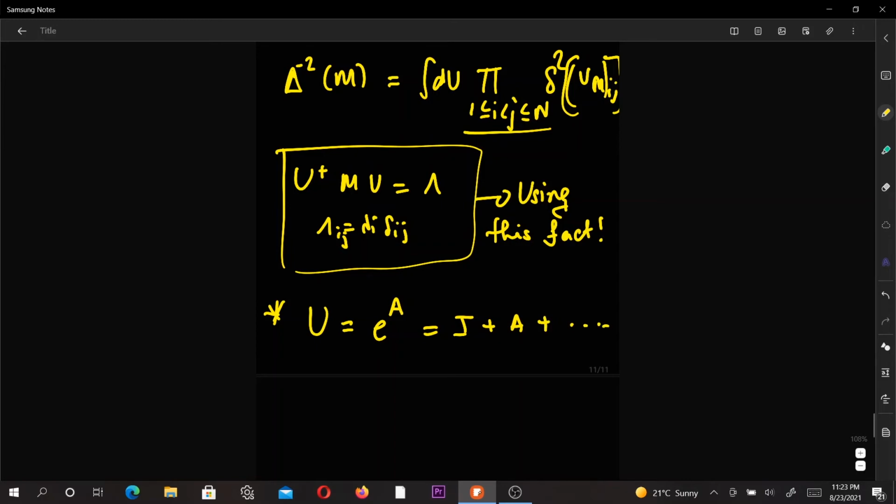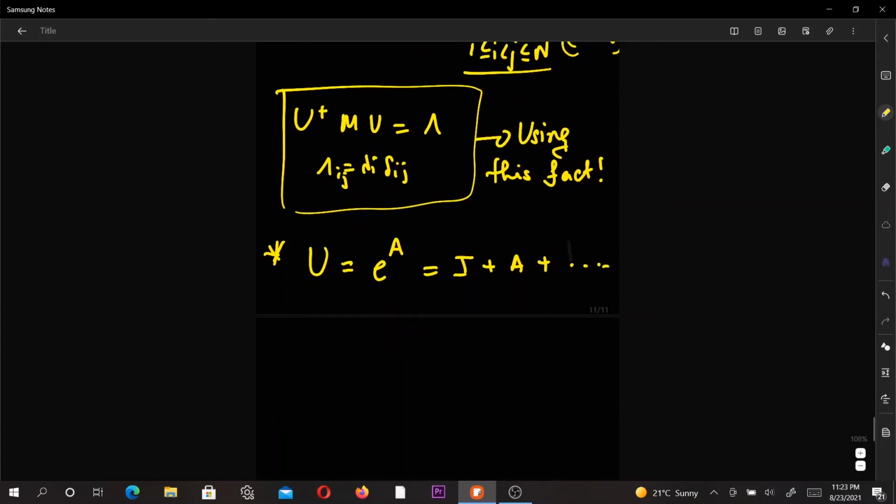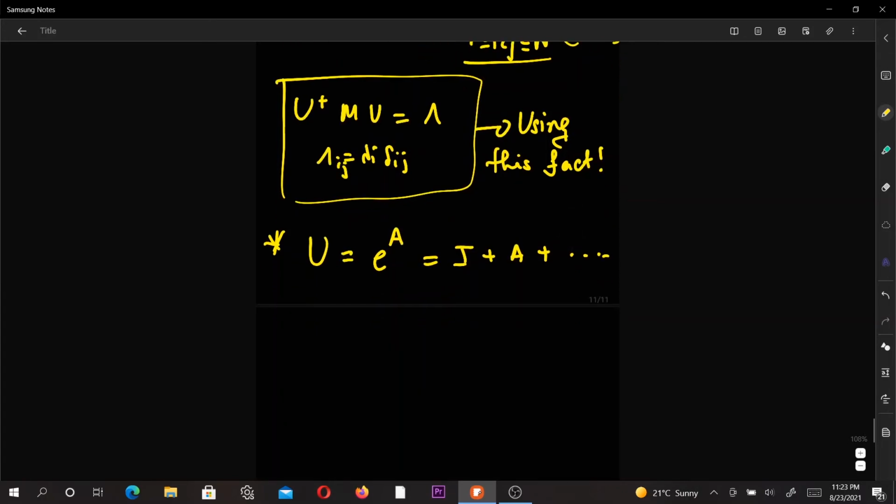Any unitary matrix, you can write it in terms of another matrix A, and since they have to satisfy this property, from that you can find out that A must be an anti-Hermitian matrix.